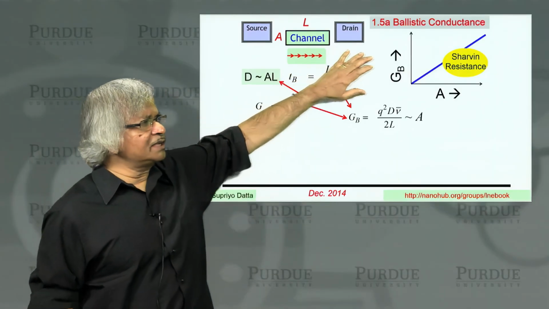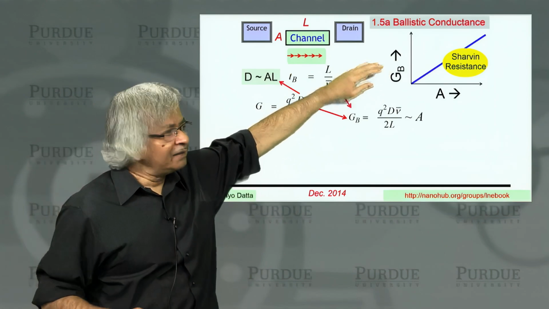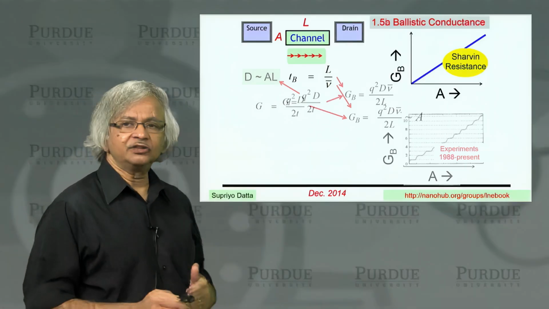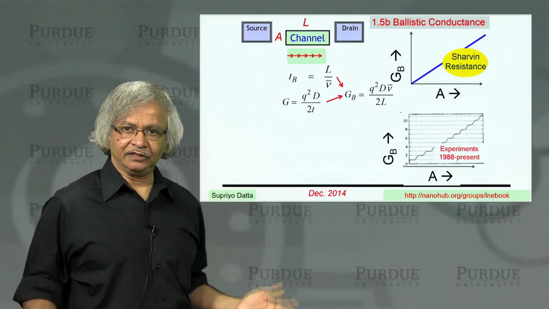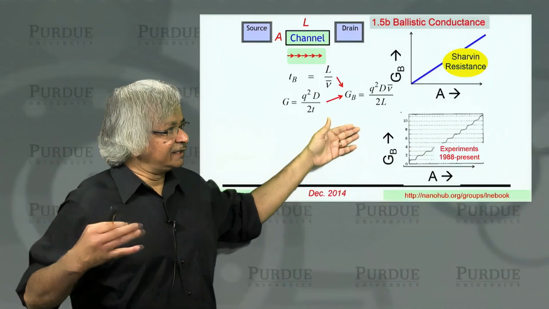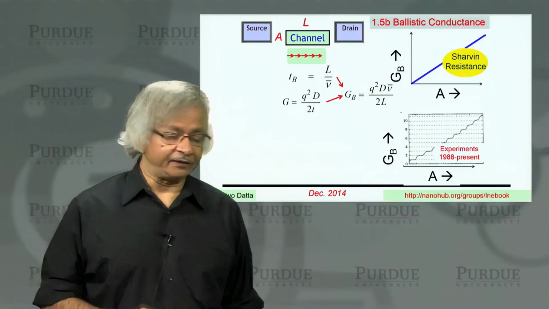Now, as I said, this was discovered around 1969, 1970, but about 20 years later, something else came along, which actually had a major impact on this field, and one could say was one of the first things that started this whole field of mesoscopic physics and this way of looking at things.